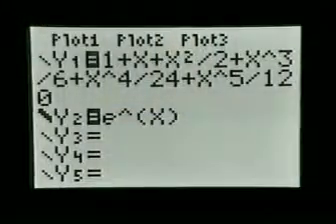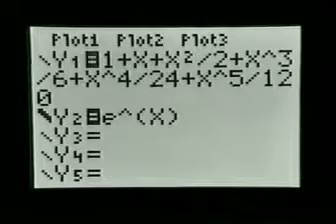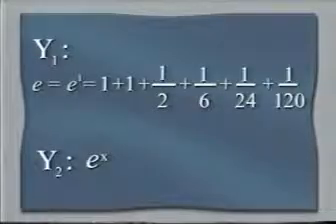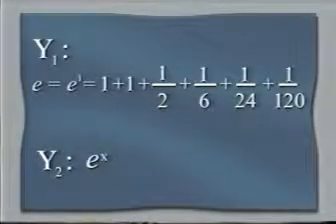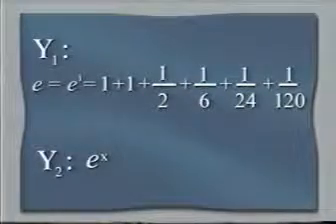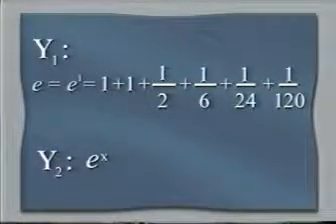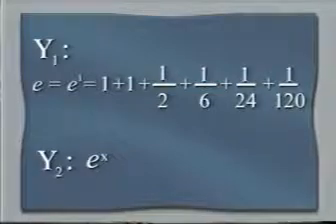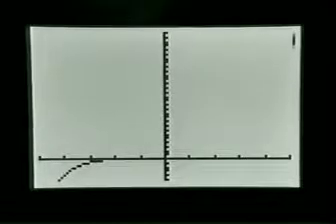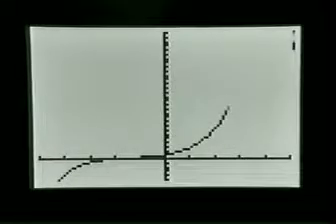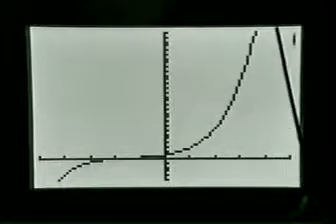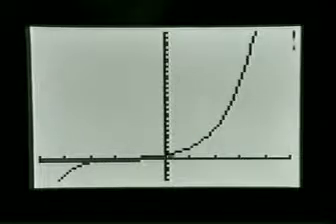This is the equation editor for the TI-83. We have 2 equations in the editor. Y1, which is the first 6 terms of the Maclaurin series for e to the x, and Y2, which is e to the x. Let's graph it. First, we'll graph the Maclaurin series. Notice it comes below, goes along the x-axis, and then rises up, and here comes e to the x.